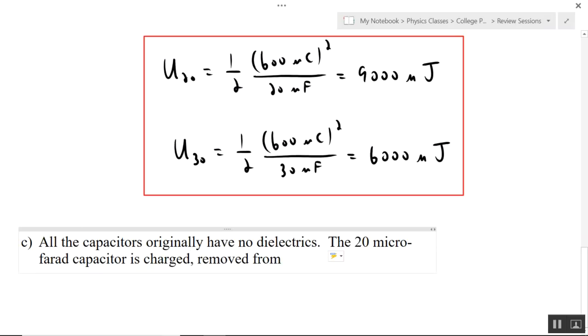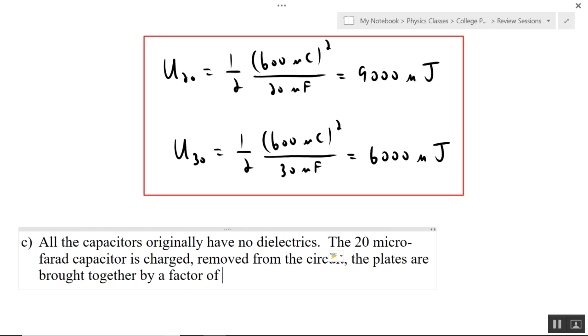Removed from the circuit. So it's charged and removed. The plates are brought together by, let's say, a factor of, let's do 4, right? So they're 4 times closer together. And a dielectric.